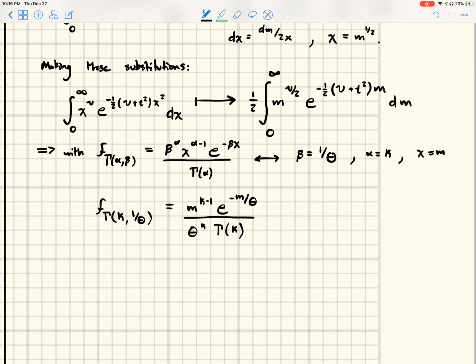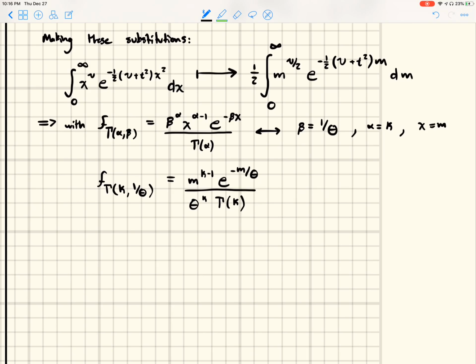Now we're going to match coefficients between the integrand and the probability density function of our new gamma distribution that we just defined. So I'll do that here.